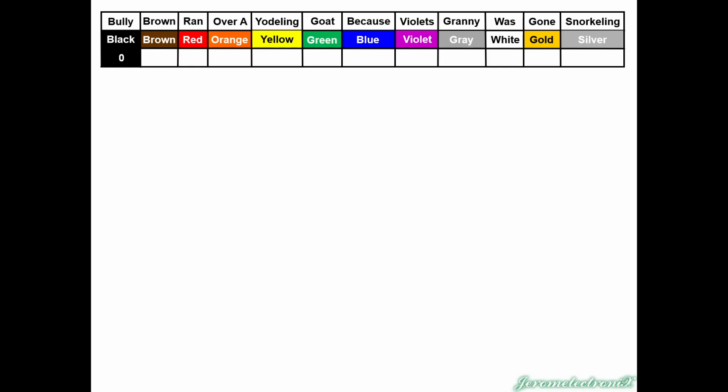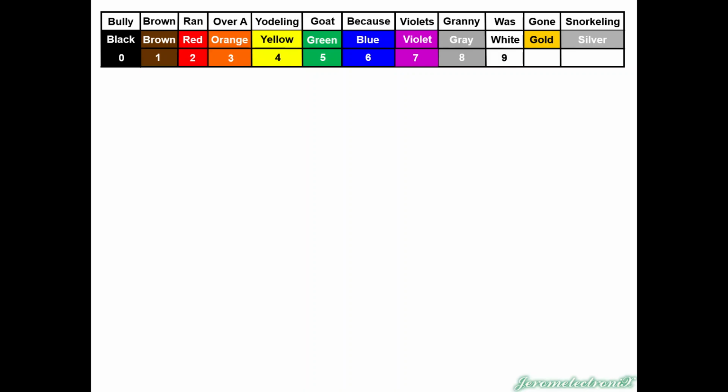Start with the number 0 and then just start counting: 0, 1, 2, 3, 4, 5, 6, 7, 8, 9. So we've got 0 through 9 there. 0 is black, 1 is brown, 2 is red, 3 is orange, 4 is yellow, 5 is green, blue is 6, 7 is violet, 8 is gray, 9 is white.